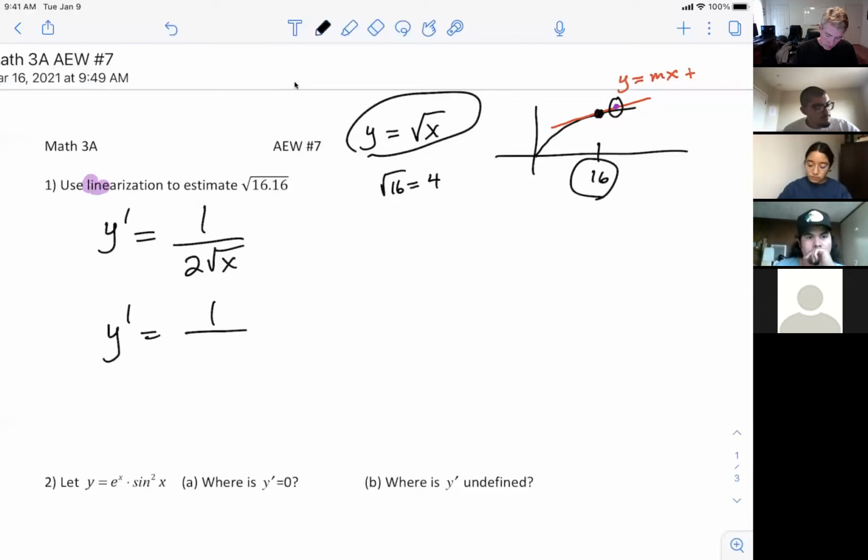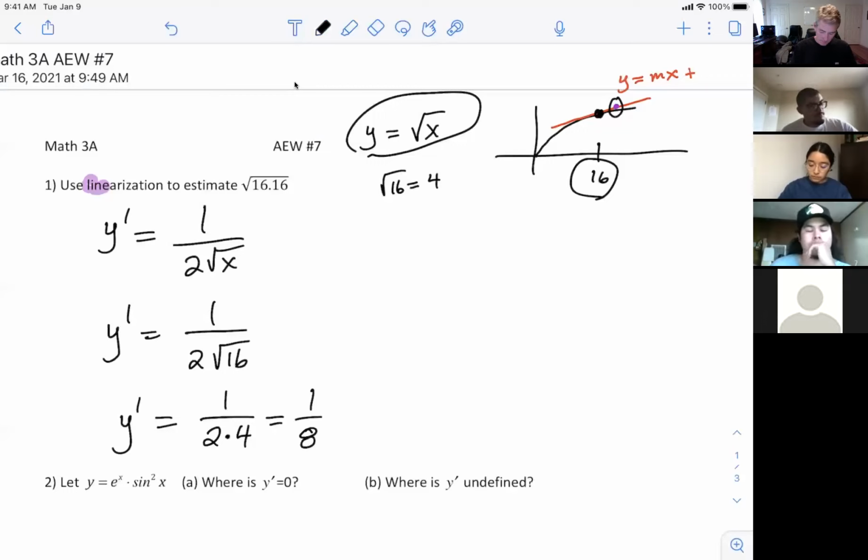So it's going to be 1 over 2 times the square root of 16. And then the square root of 16 is 4. So it's going to be the slope equals 1 over 8. So 2 times 4.